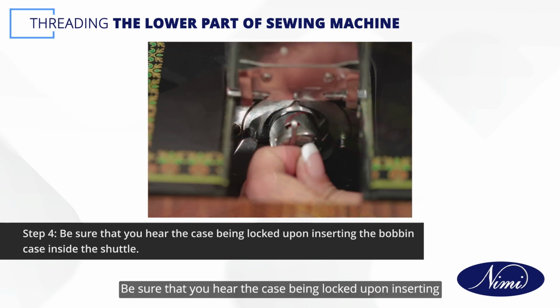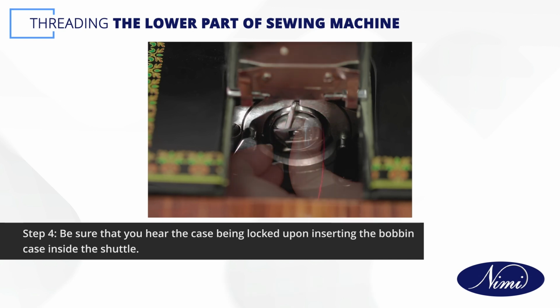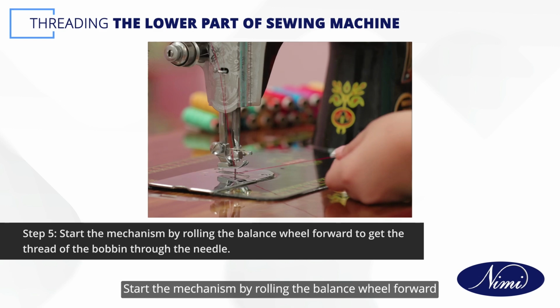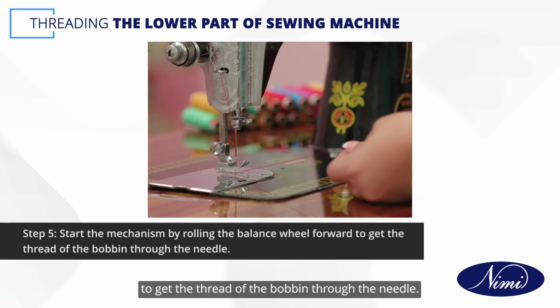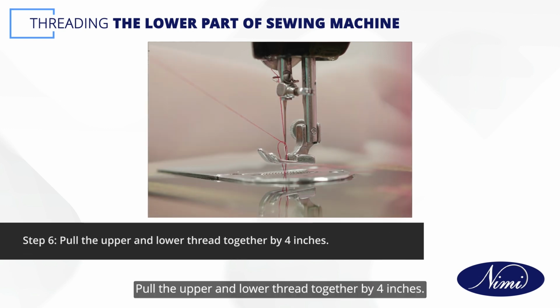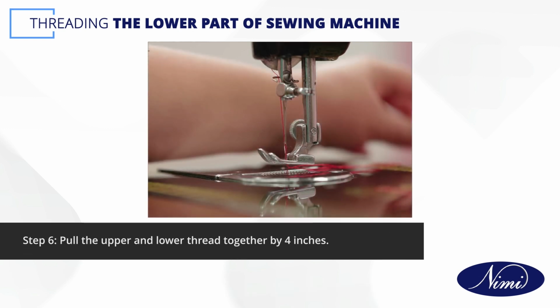Be sure that you hear the case being locked upon inserting the bobbin case inside the shuttle. Start the mechanism by rolling the balance wheel forward to get the thread of the bobbin through the needle. Pull the upper and lower thread together by 4 inches.